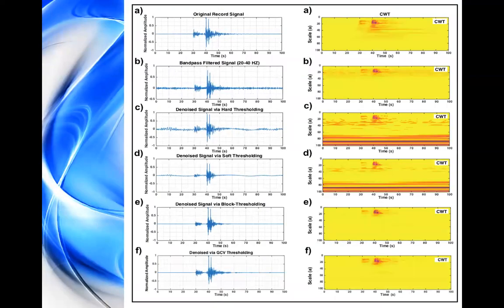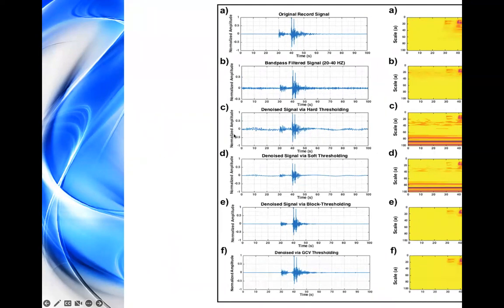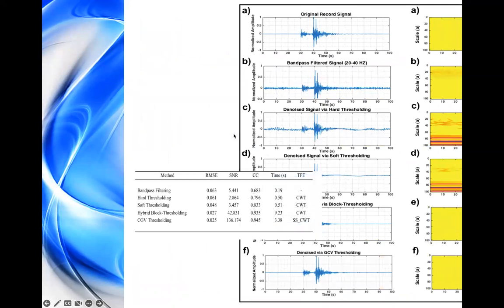These are the results of our new methods compared with the block thresholding method, soft thresholding, hard thresholding, bandpass filtering, and the original signal. This method is faster than two algorithms, but not as fast as the third one. However, it is the most accurate one in terms of keeping the details, waveforms and shapes of the signals.